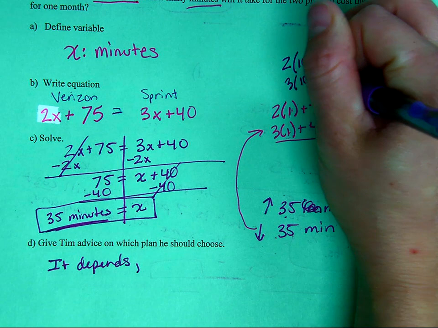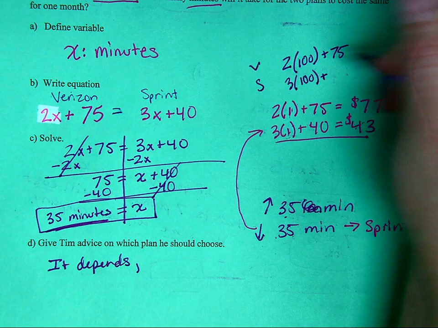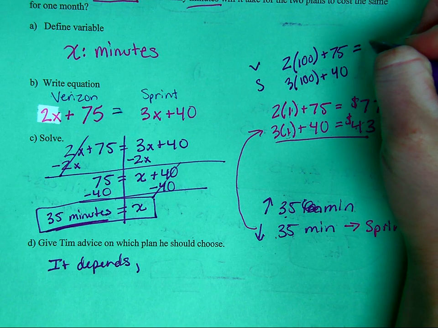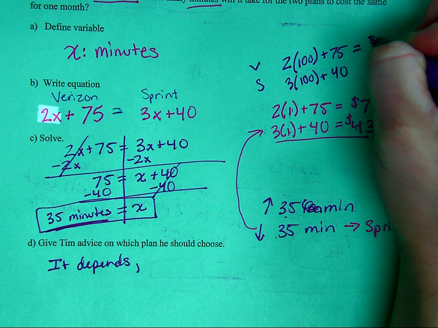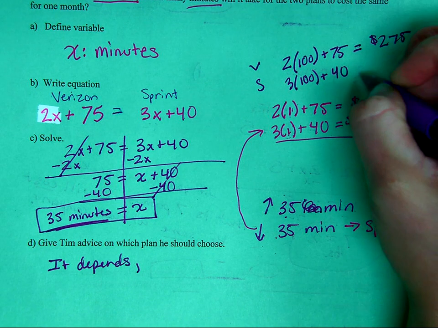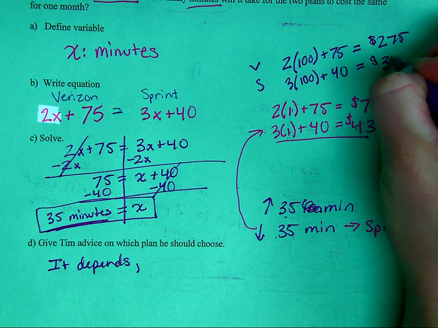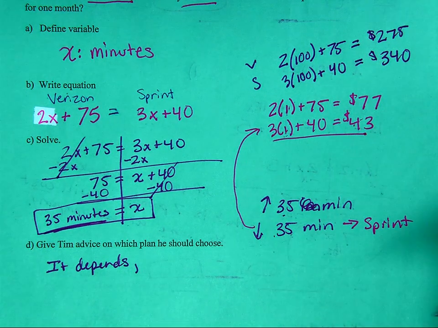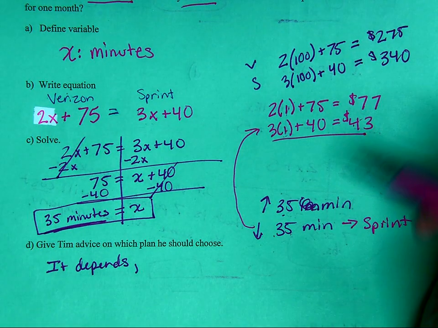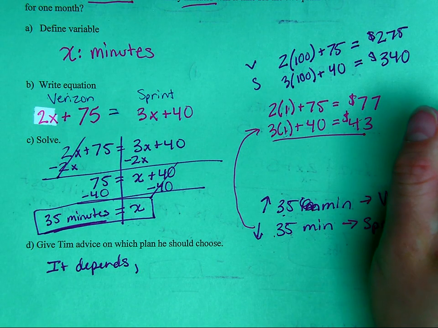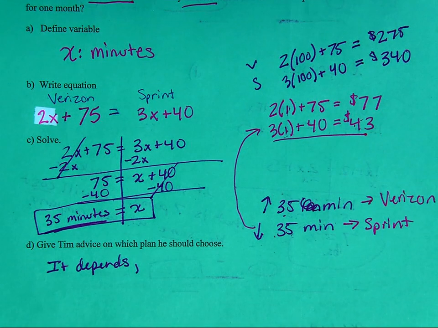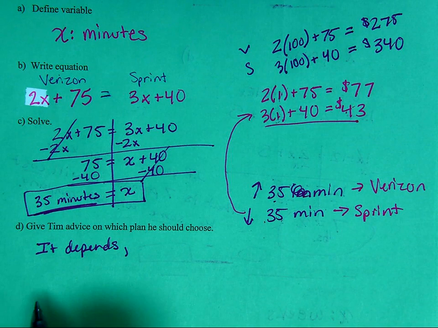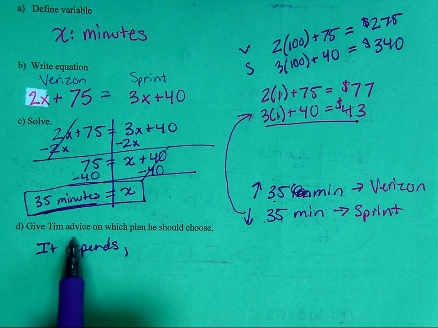I've got Verizon and I've got Sprint here. So Verizon is going to cost me $275. Sprint's going to cost me $340. So when I do more than 35 minutes, Verizon is actually cheaper.